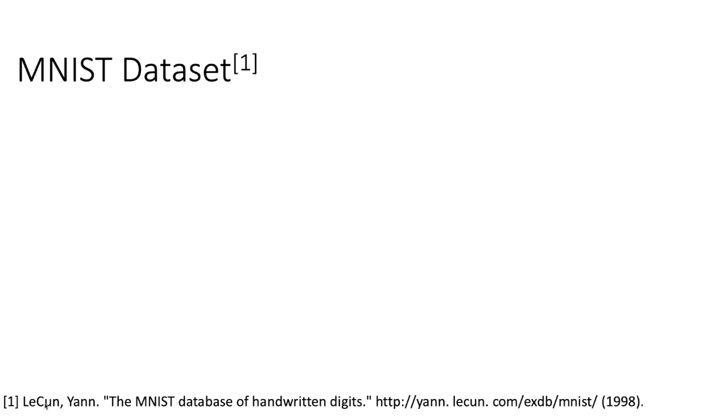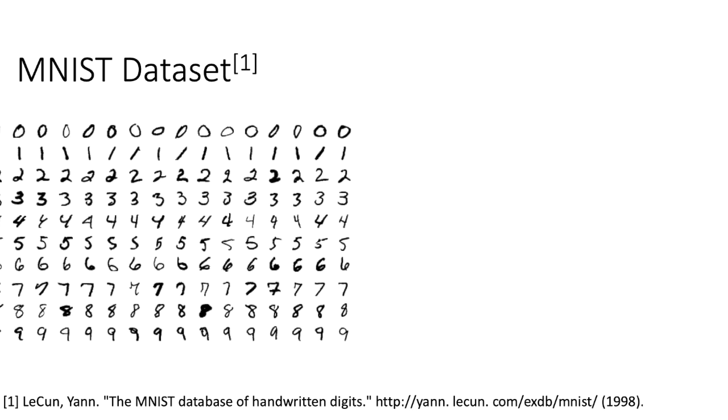It's a dataset of handwritten digits with 10 classes, from 0 to 9. These are some examples of the data you might see in that dataset. You can download it here; I left the link. This is a good dataset if you want to start working, and I'm pretty sure you'll be working with it in an assignment somewhere down the line.